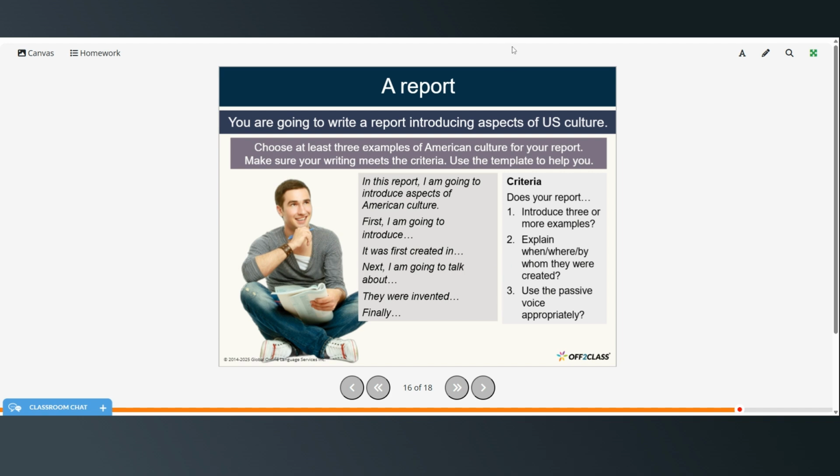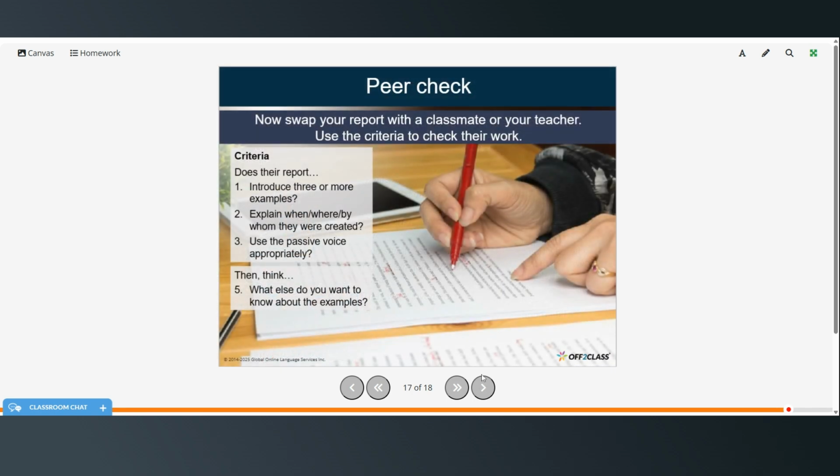And does it use the passive voice appropriately? And since you can't really exchange papers with a classmate, if you would like to attach your reports in the comments to receive some feedback that way, that would be great.